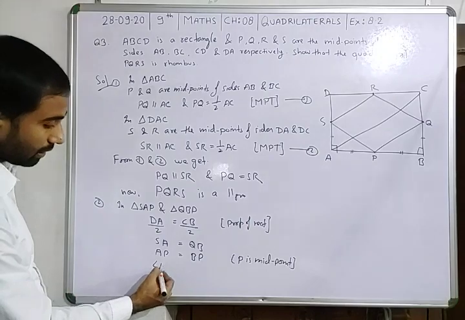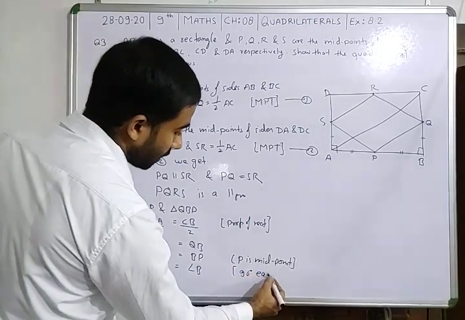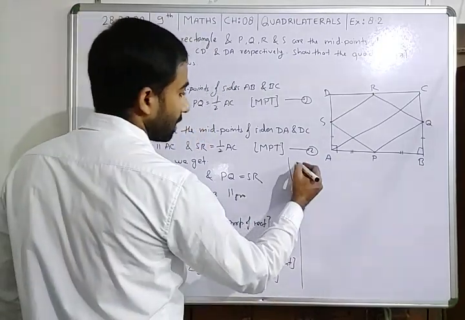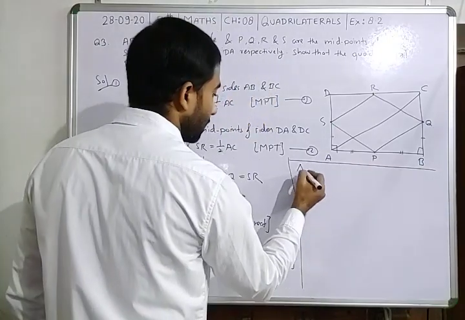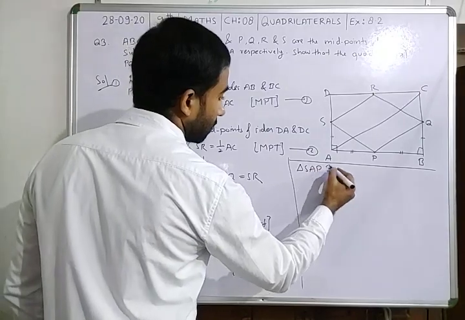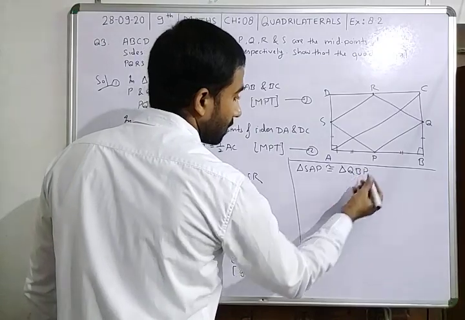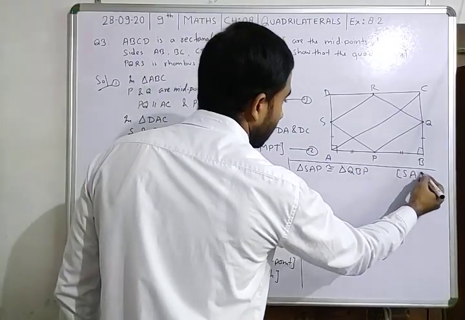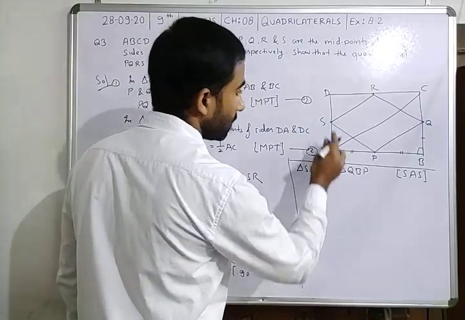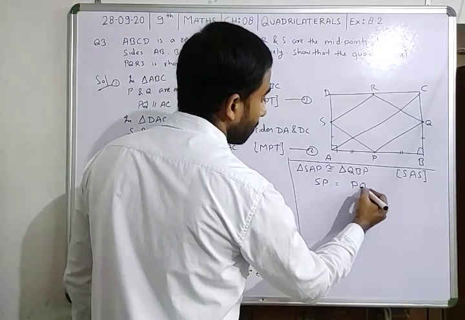And angle A is equal to angle B, 90 degrees each. Therefore triangle SAP is congruent to triangle QBP by side angle side criteria. So by CPCT, SP is equal to PQ.